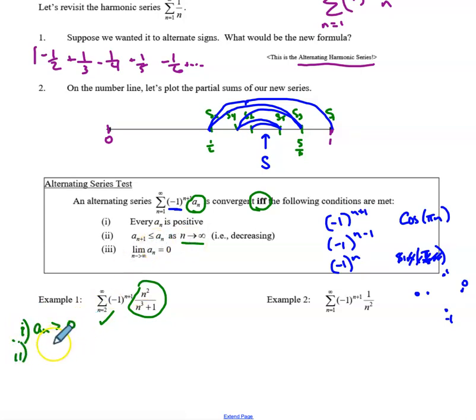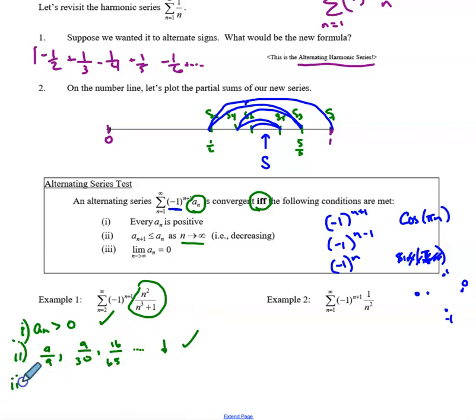Are these terms decreasing? Well, let's plug in a couple. If I plug in 2, I'm going to get out 4/9. If I plug in 3, I'm going to get out 9/30. If I plug in 4, I'm going to get out 16/65, and so on and so forth. And what you'll find is that these terms do decrease as n goes to infinity. So that condition is met.